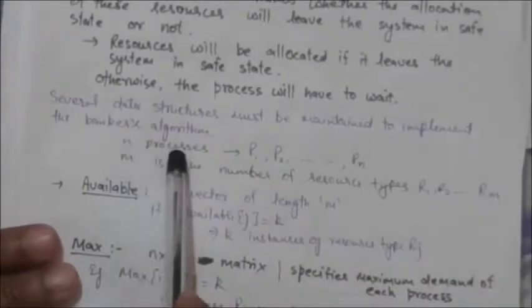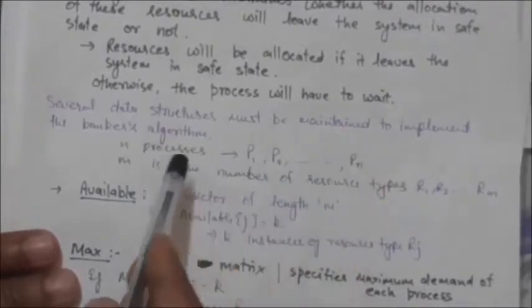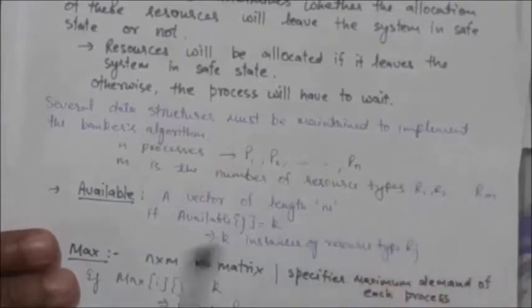Now suppose there are n processes in the system, p1, p2, p3, and so on up to pn, and there are m resource types, r1, r2, r3, and so on up to rm.